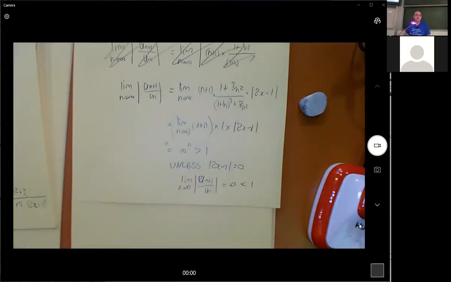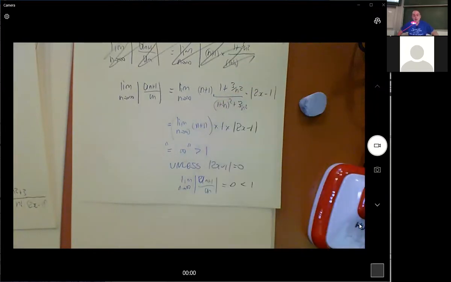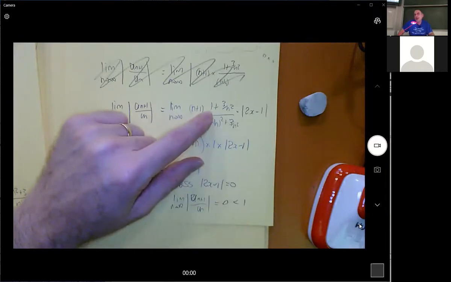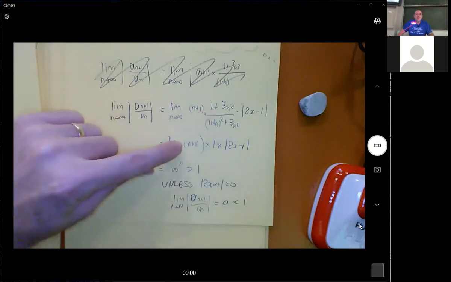Limit as n goes to infinity of n plus 1. What's stopping us from dividing through by n? Because it doesn't have a bottom. Before, I divided the top of the fraction by n and the bottom of the fraction by n, which is the same as dividing by 1. But this isn't a fraction.